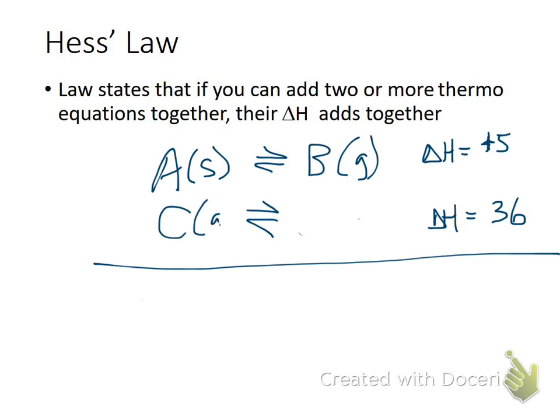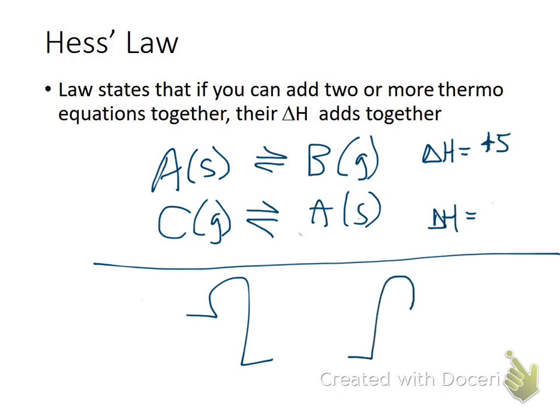So now I have C. So all I did was I switched it. Does that change my delta H in any meaningful way when I take an equation and I swap it left to right? Kind of. If I had an equation that looked like this, now I have an equation that looks like this. Essentially I've taken this and I've turned it from left to right.